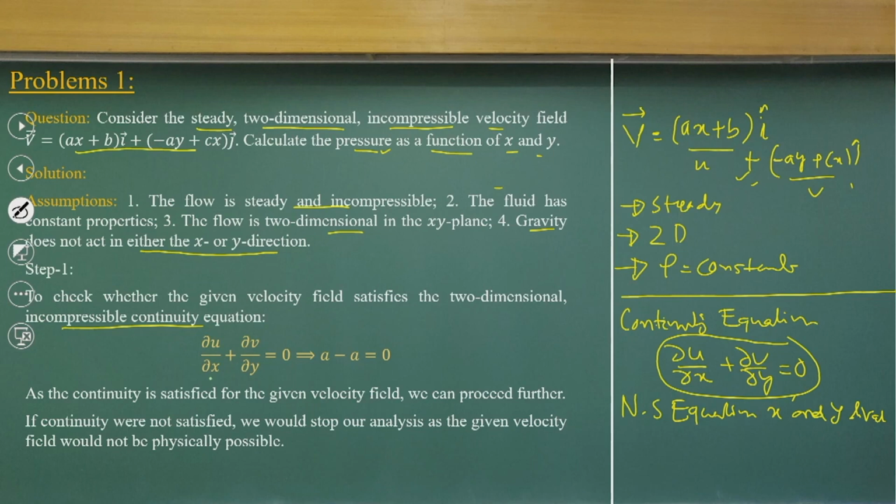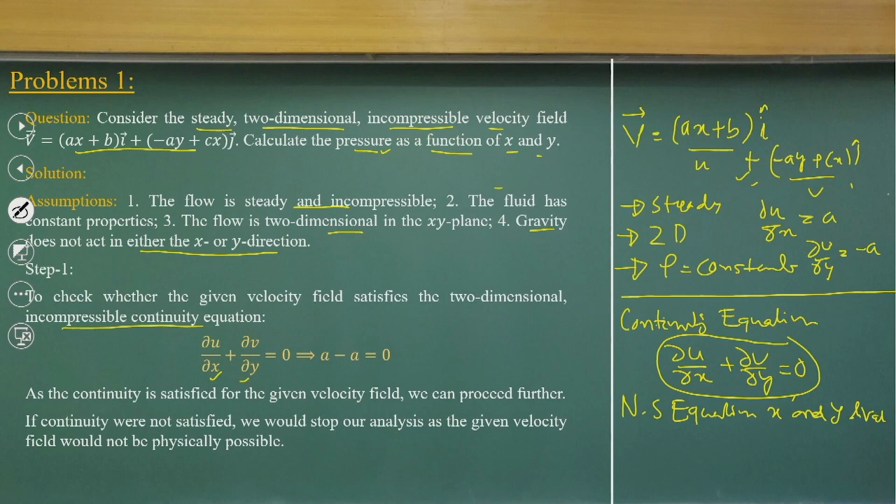So, you can do a simple partial derivative of the u field, del u by del x. If you look at it, del v by del y will be minus a. By just inspection you can locate what is coming.